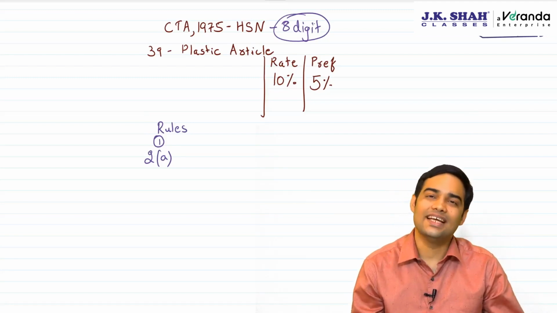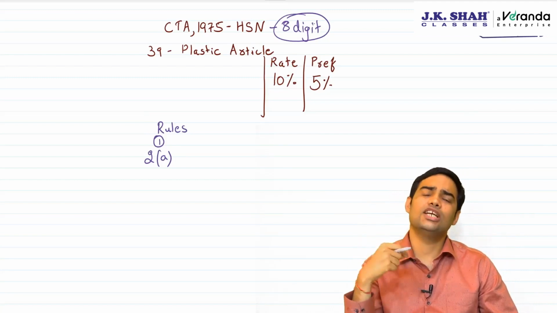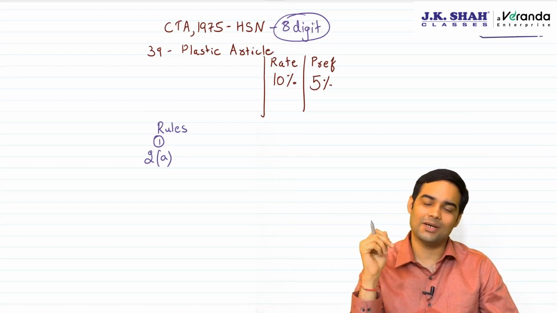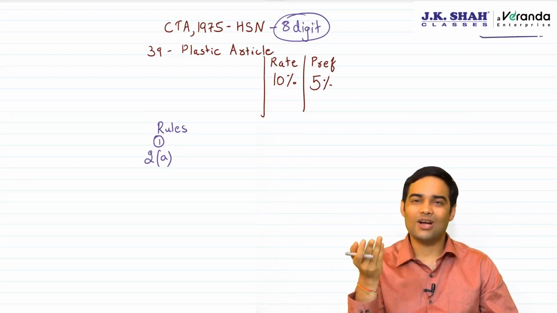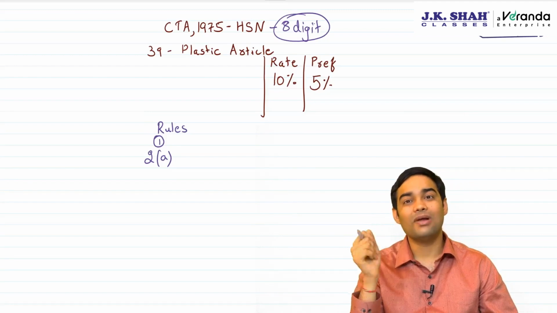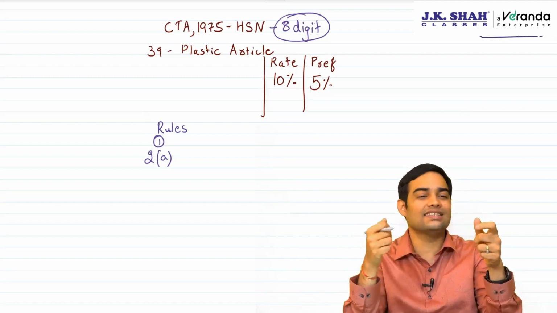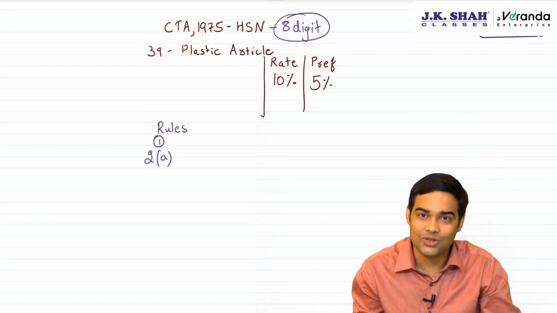Okay. Then, an unassembled product having essential characteristic of an assembled product will still be classified as an assembled product. This used to happen in cars again. Cars were imported in unassembled form and they used to take the benefit of lower customs rate for parts of car and say these are parts of car, this is not car, because car was subject to a higher custom duty rate.